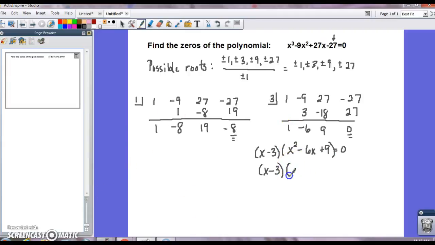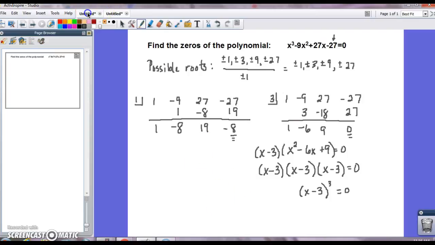Okay, so here I end up with x minus 3 and x minus 3 equals 0. And so this is really x minus 3 to the 3rd, which is the same as what you have up here. So that is the idea behind finding the zeros when you can't factor it. You just use the rational root theorem.